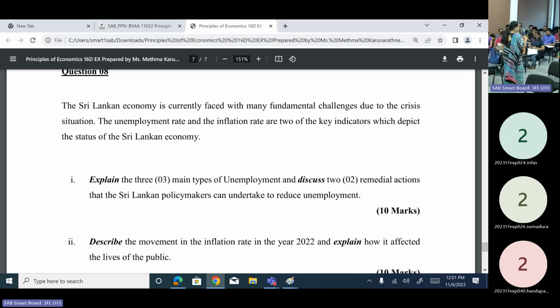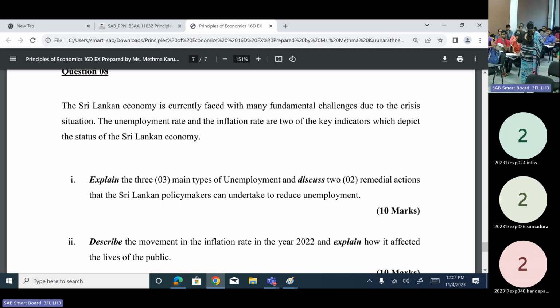How did it affect the lives of the people? People had to cut down on consumption. People had to cut down their transportation expenses because simply there was no fuel. This affected their life heavily. Why? They had to stay in queues for collection of gas as well as fuel.